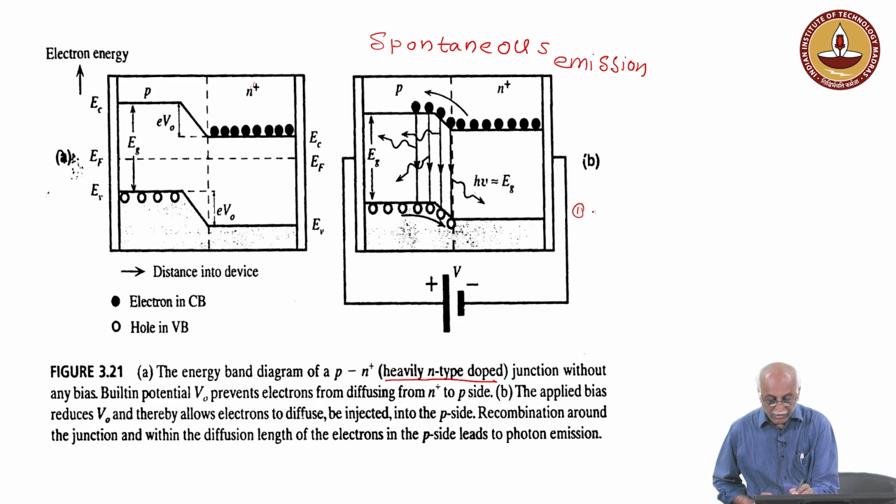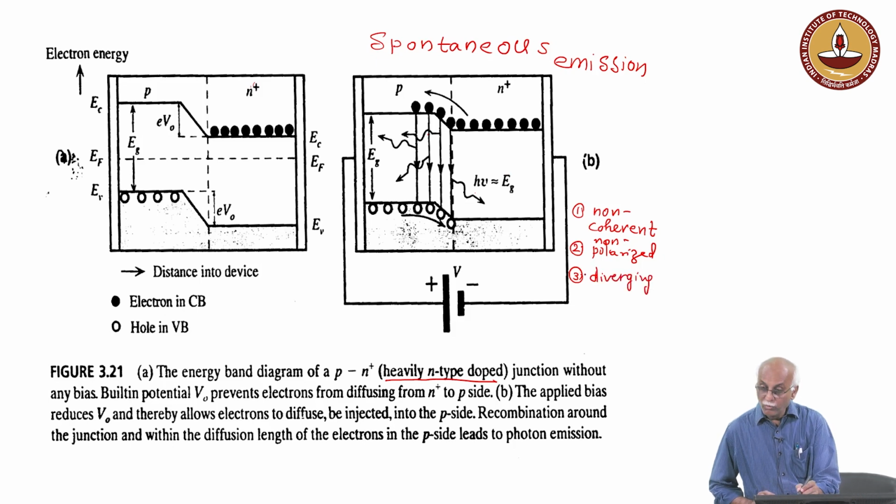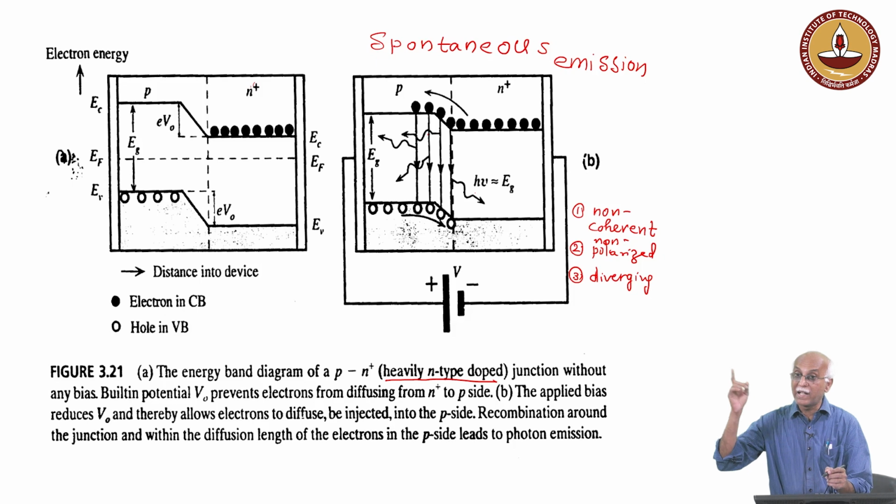So we can say it is non-coherent, a non-coherent light source. Phase is different, polarization state may be different, so it is a non-polarized source, emitted in all different directions and diverging. Very similar to what we see in tube lights, etcetera.